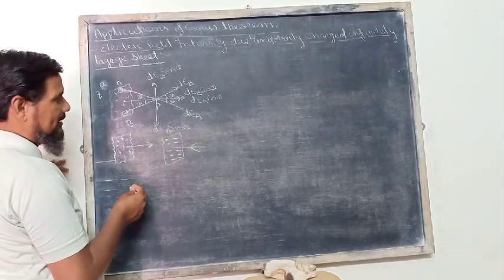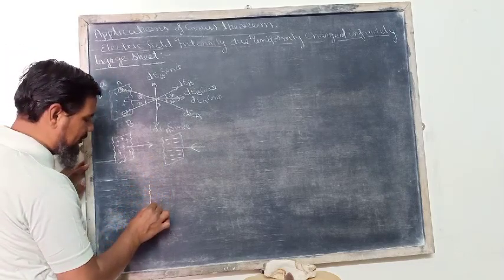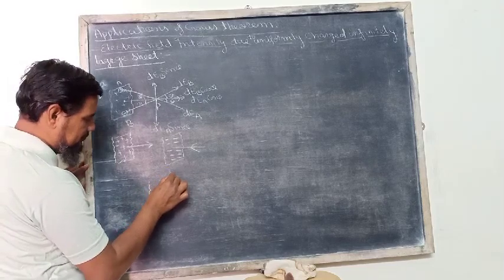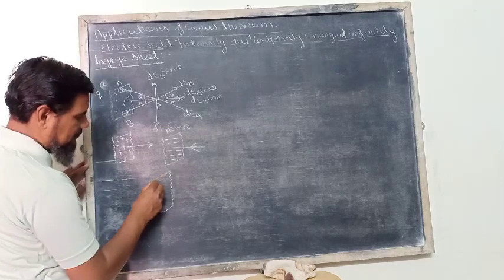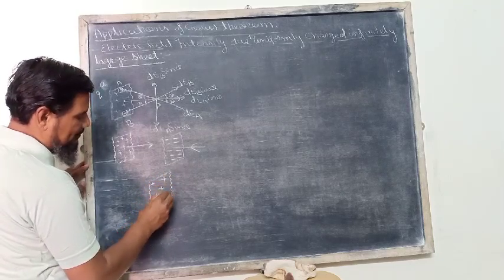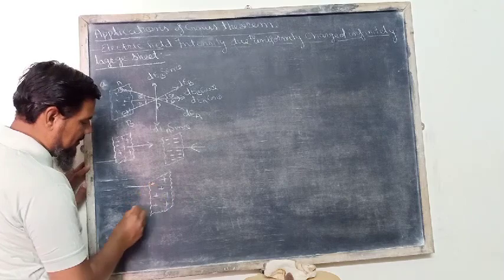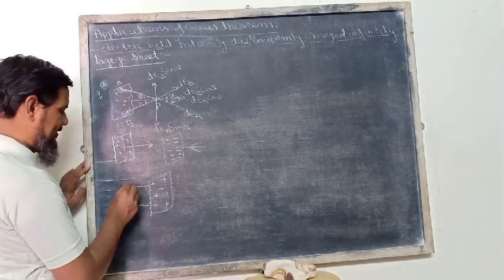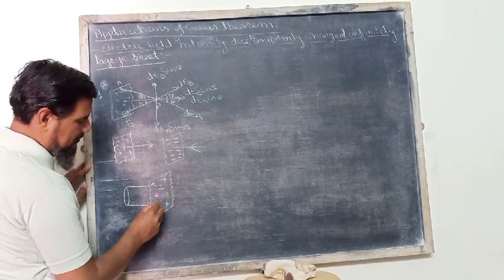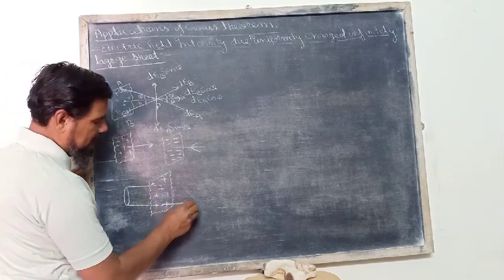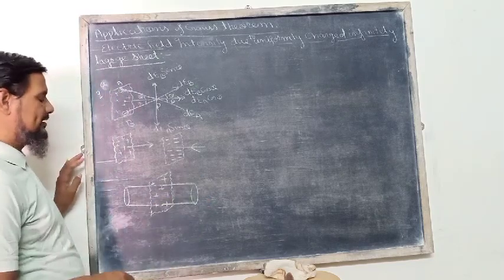Now, to determine the magnitude of electric field intensity due to the sheet, we consider a positively charged sheet and a cylindrical Gaussian surface.